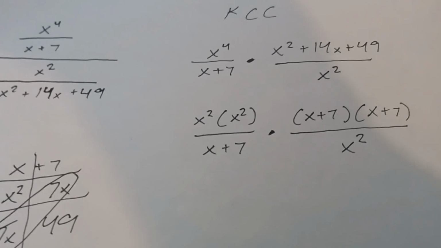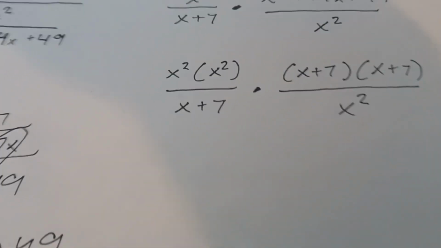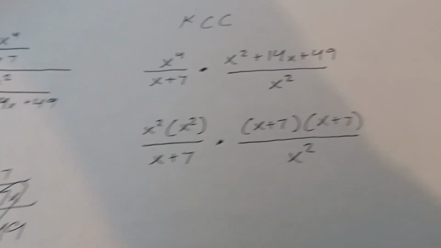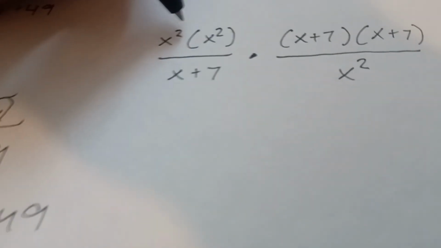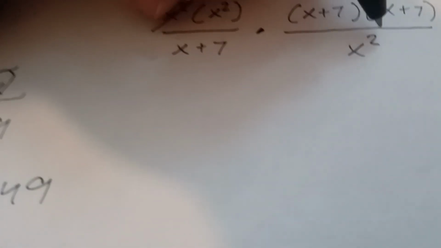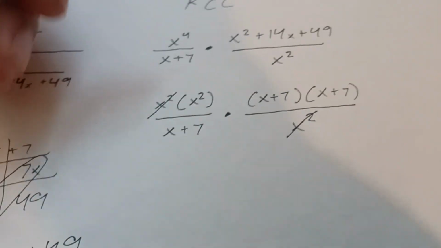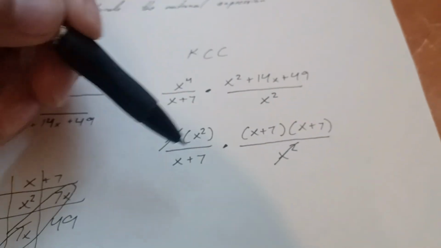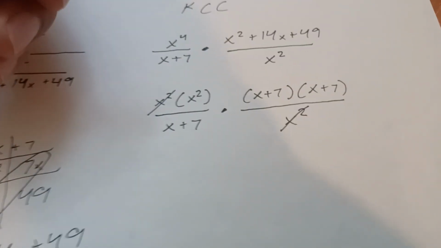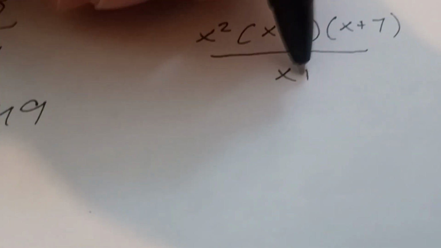So going back to this part of the problem, we can cancel out the x squared from this and the x squared from this, because we factored the x squared out of this. So now we have x squared multiplied by x plus 7 multiplied by x plus 7 over x plus 7.